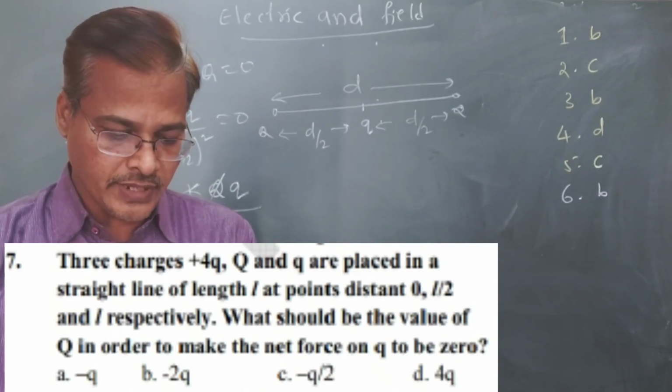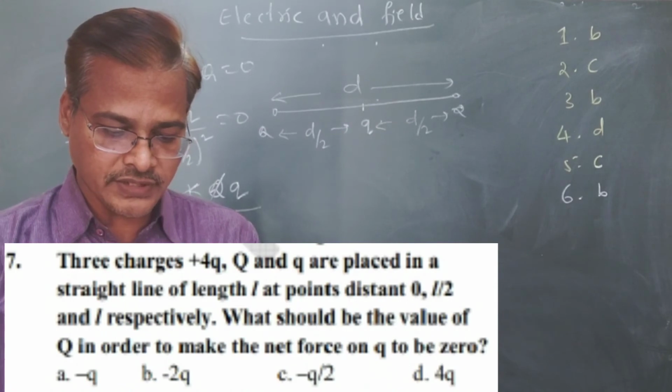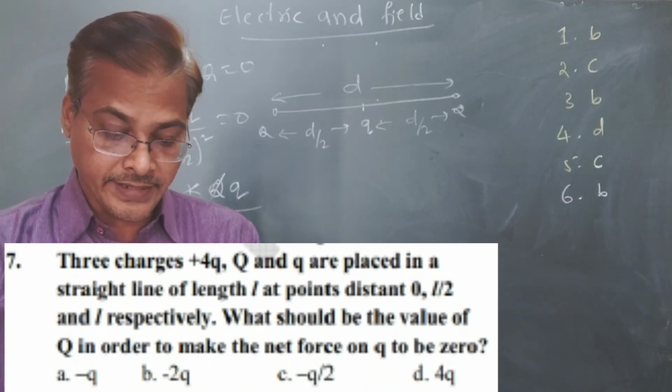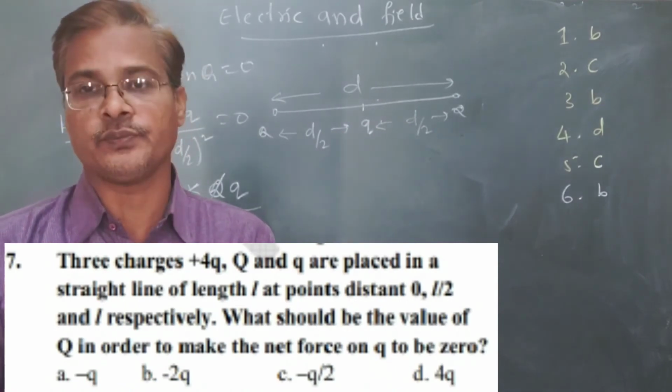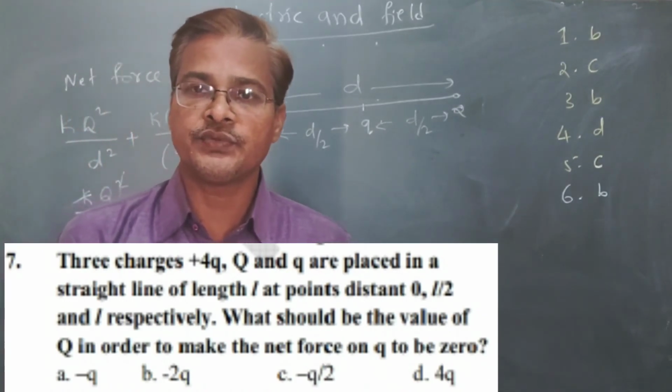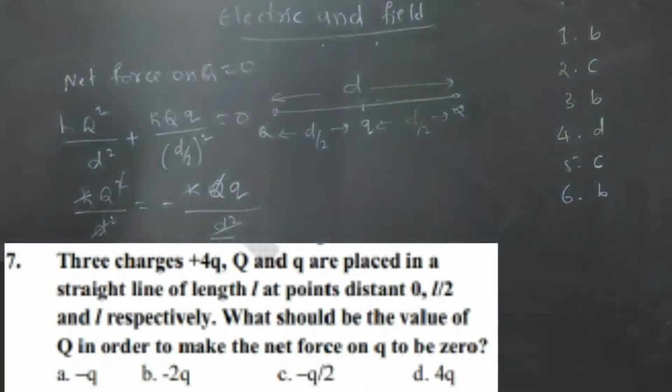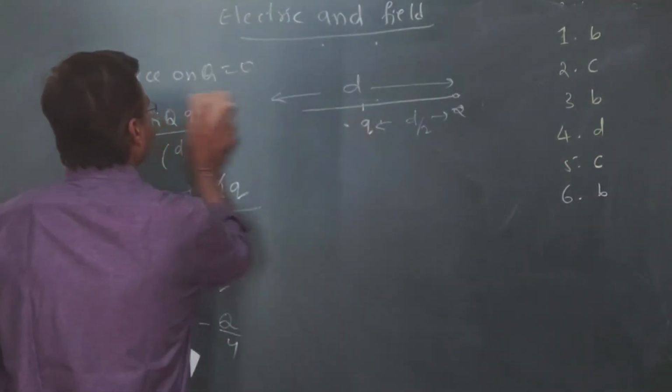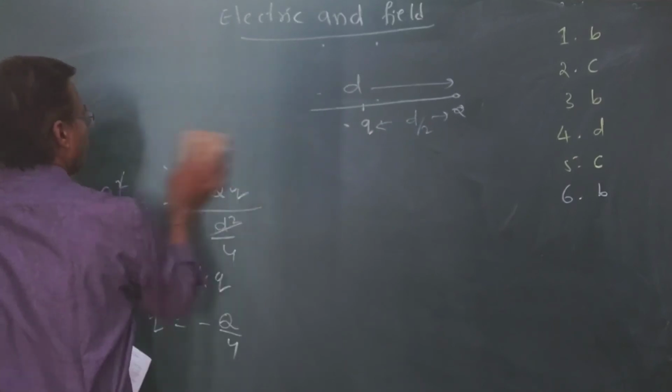What should be the value of Q in order to make the net force on Q to be 0? This is similar to the sixth one. I will draw the diagram and then you will understand.